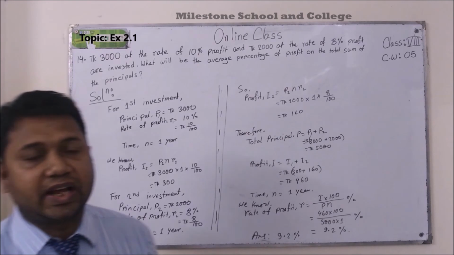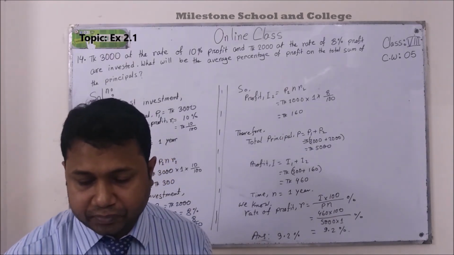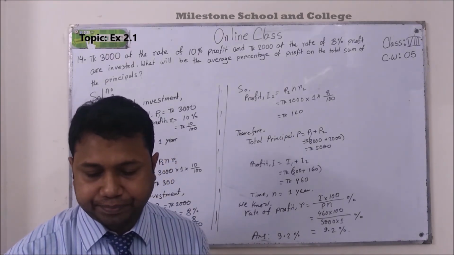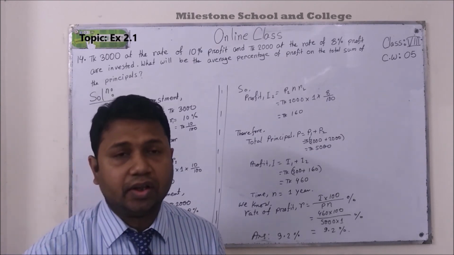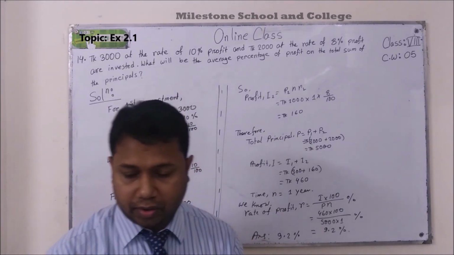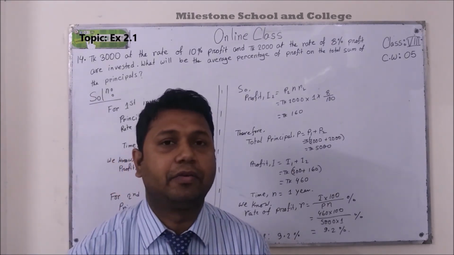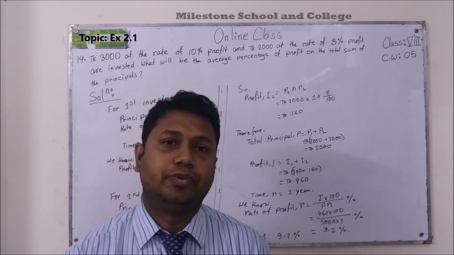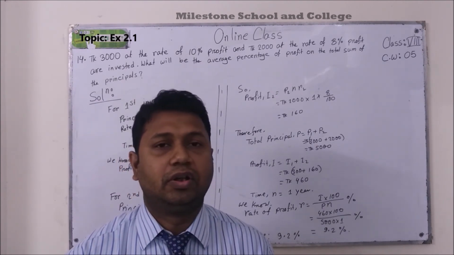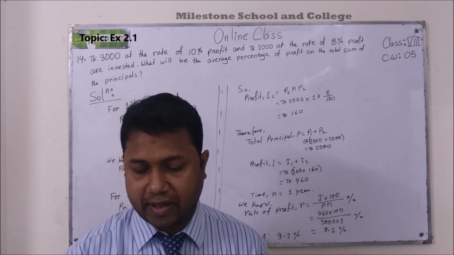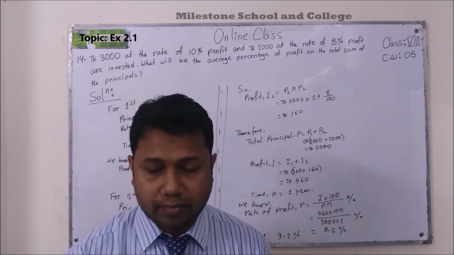I think you understand the whole math. And after that, if you don't practice them at your home, it is quite difficult to solve this math. So please solve them.